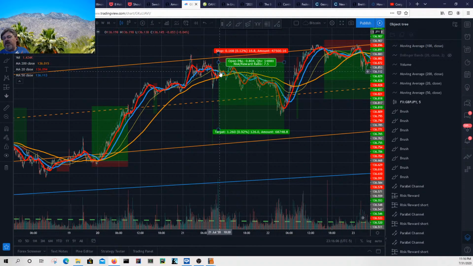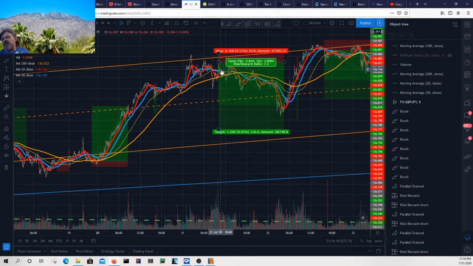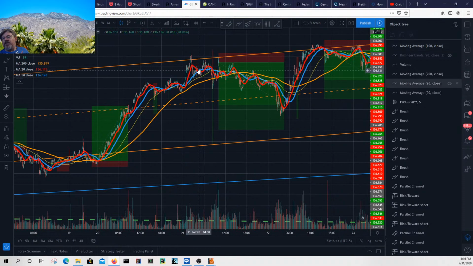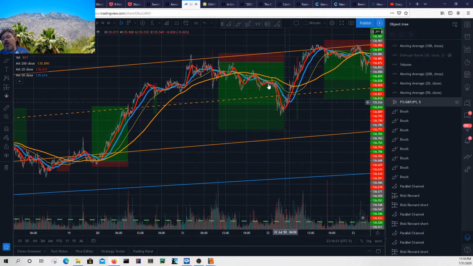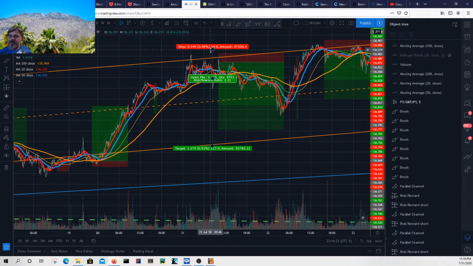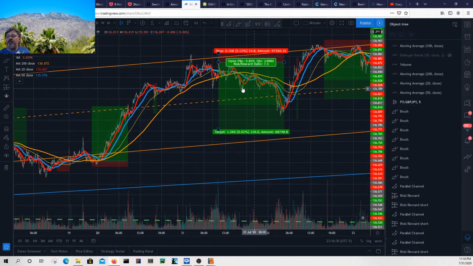You might start to think that, especially as the blue moving average, the 50, starts to trend down. You see it's peaked basically right here, so that's a good indication that you're pretty much on the downward slope.